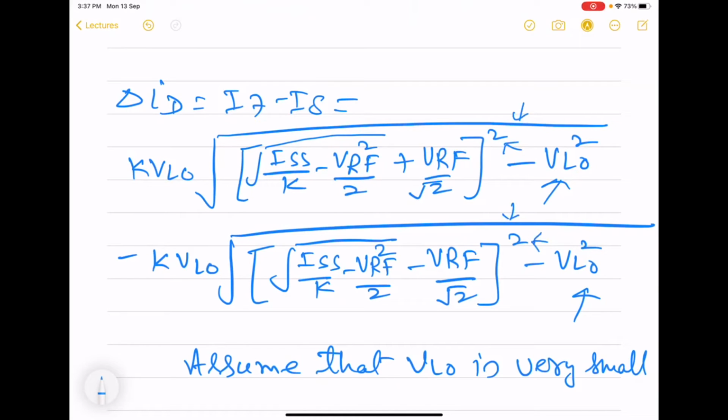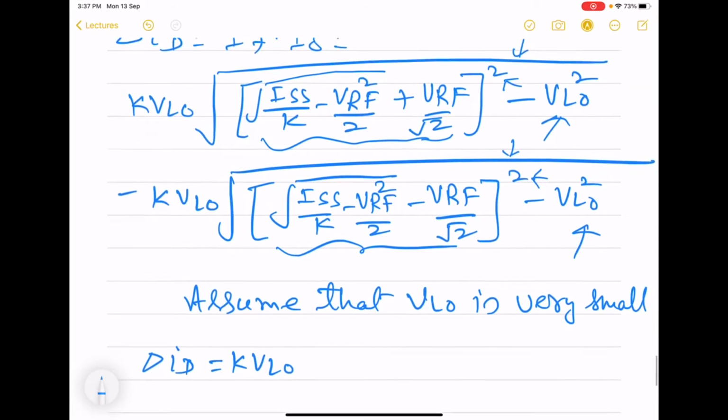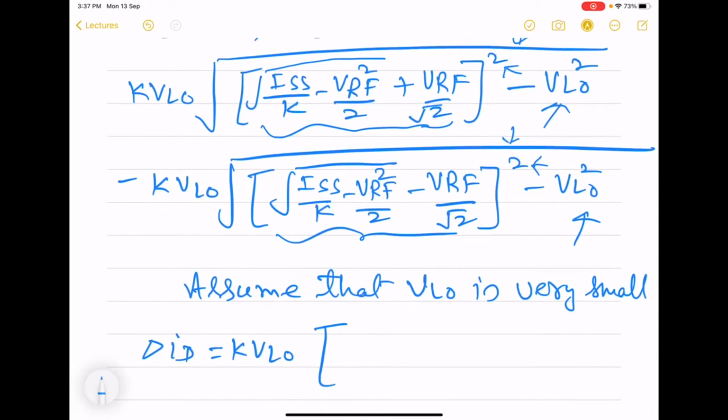So what we will get is these terms which are inside the square. So delta ID now becomes KVLO into this term, say this T1, and this term T2. So this becomes basically this T1 minus T2.